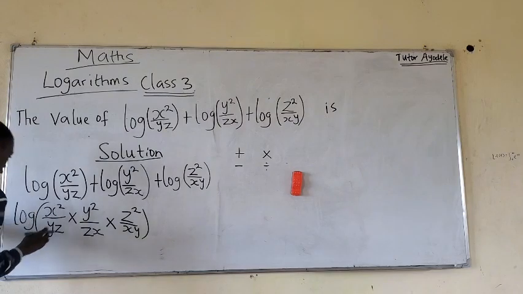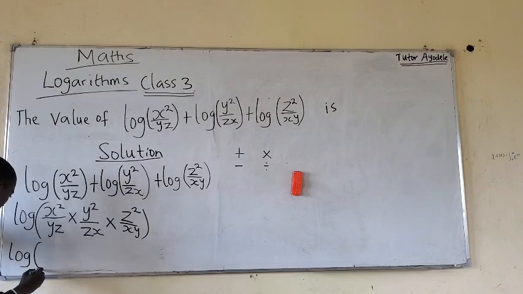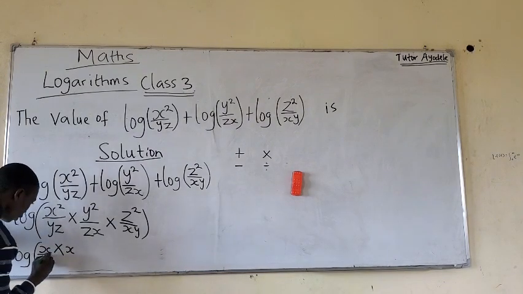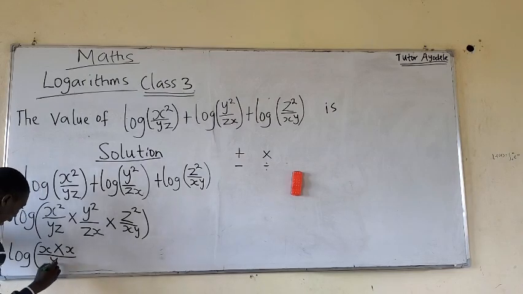Okay, so this log, I can also rewrite as log into bracket. You know, this is x squared. x squared is the same thing as x times x, all over yz.